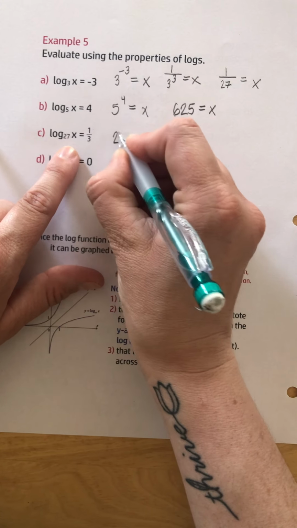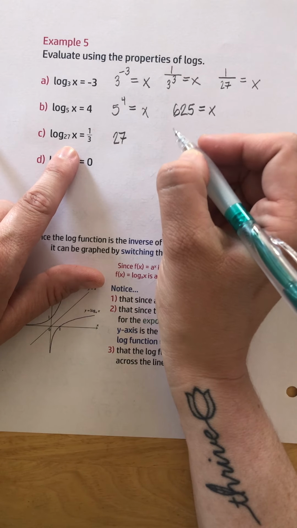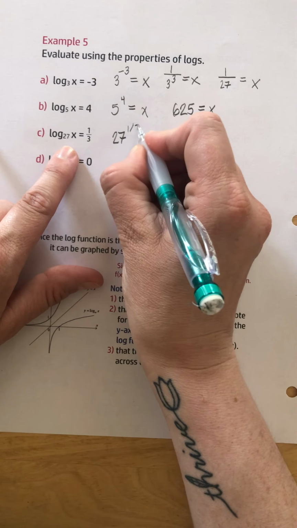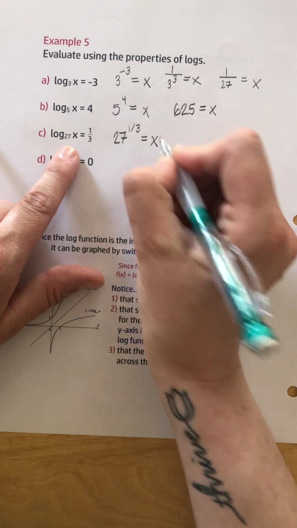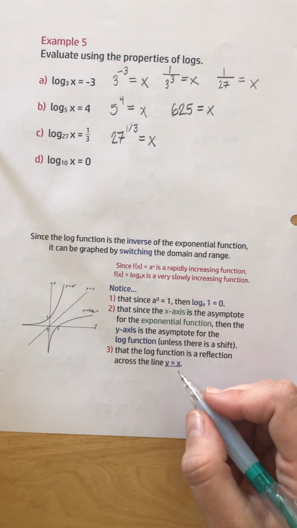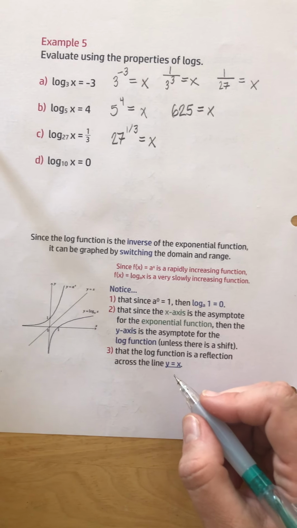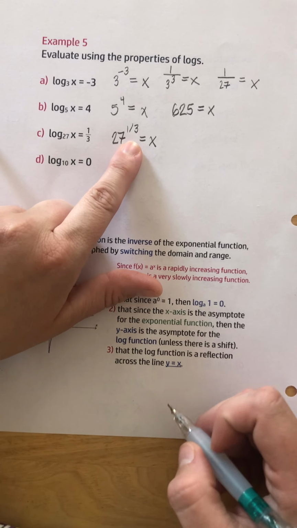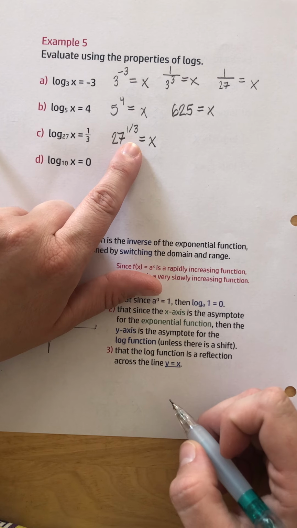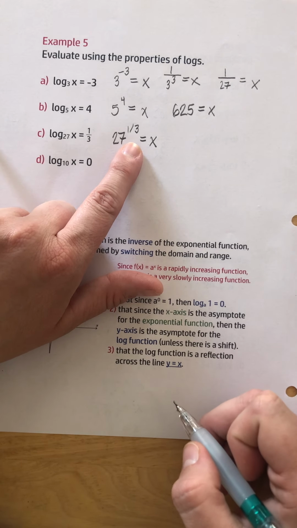All right, log base 27 of x is 1/3. What's the base? 27. What's the exponent? 1/3. And then we're going to set that equal to x. Now earlier this year, and it's been a while, well, it hasn't been that long, we've learned what happens if you have a fraction for an exponent.